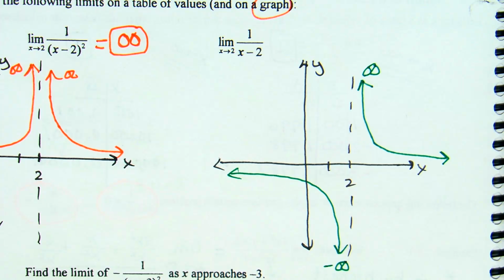Are positive infinity and negative infinity the same thing? No. What do we get to say the answer is? The limit does not exist. Or undefined is what you'll also sometimes see.